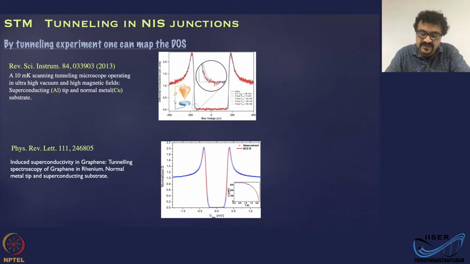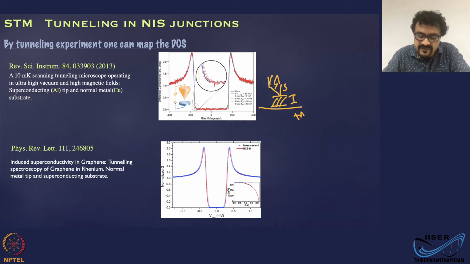That's what this is. So you have a tip which is superconducting and a substrate which is normal, and the gap is basically the insulator. So it's an NIS junction or SIN junction. It doesn't matter whichever way, whatever order.